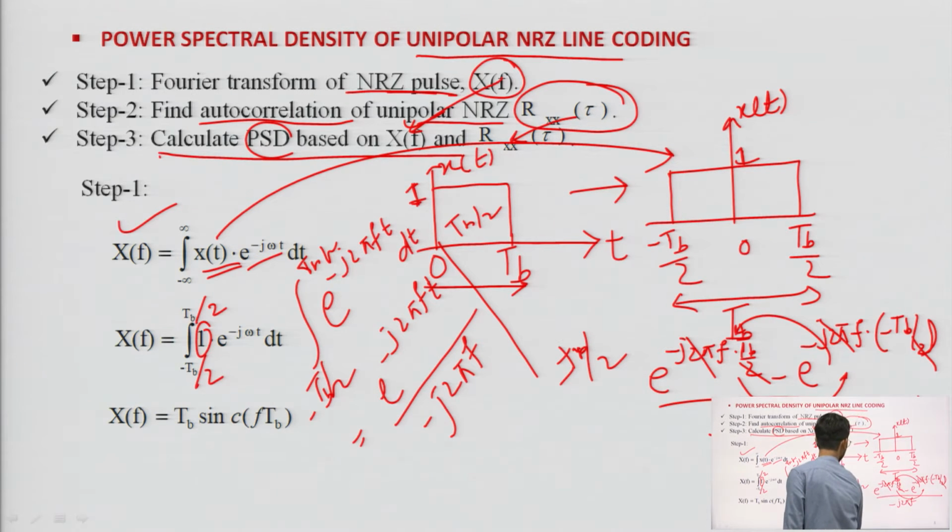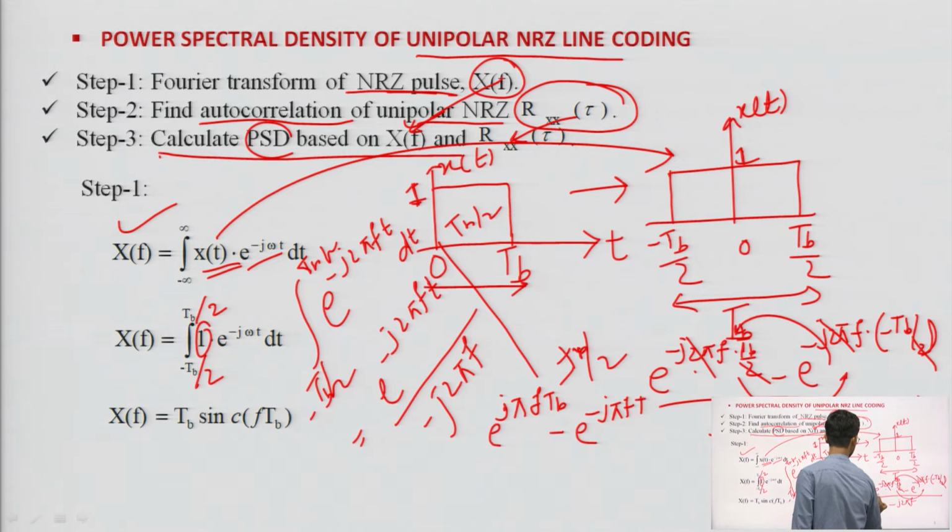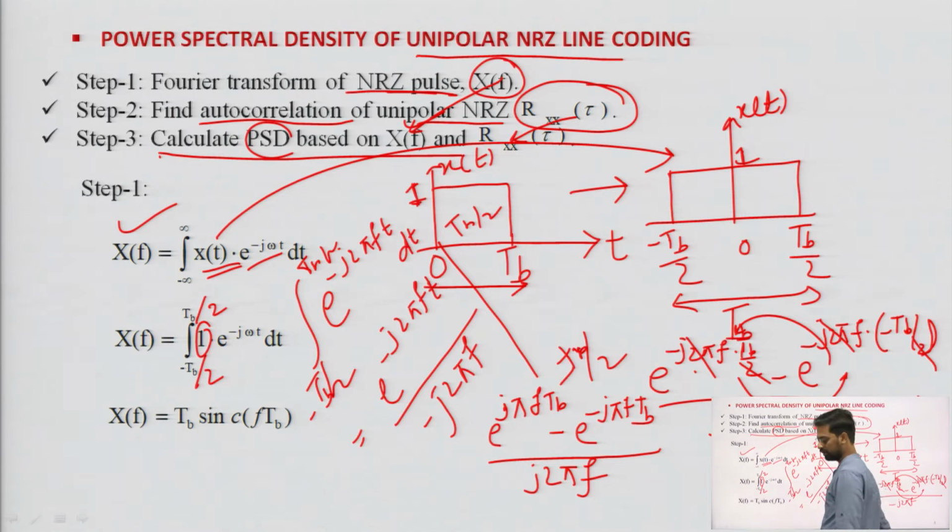It would be e to the power minus j pi f TB minus e to the power j pi f TB, divided by j 2 pi f.